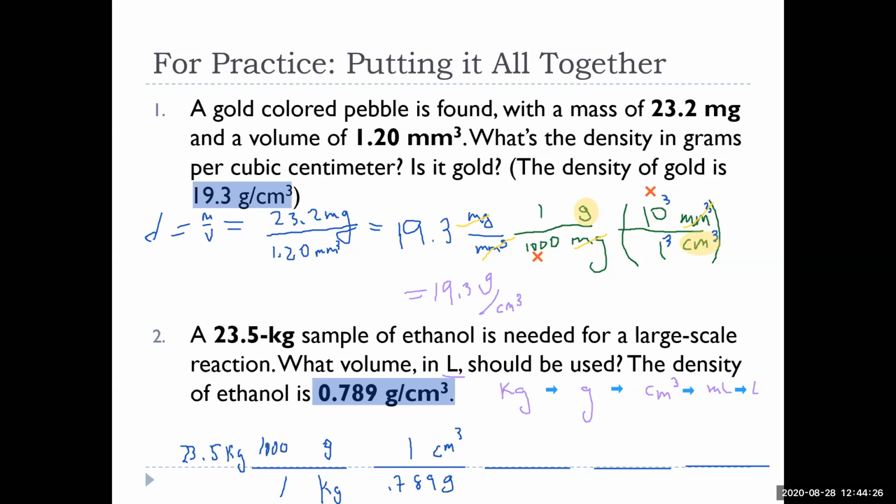And that's what our density is telling us. Once we have our volume here, we can switch to just the units that we actually want. To go from cubic centimeters to milliliters, well, this is actually easy. These are identical units in terms of size. So 1 cubic centimeter is 1 milliliter.